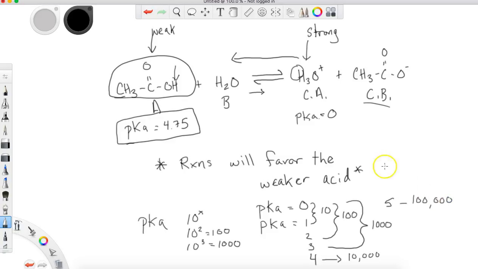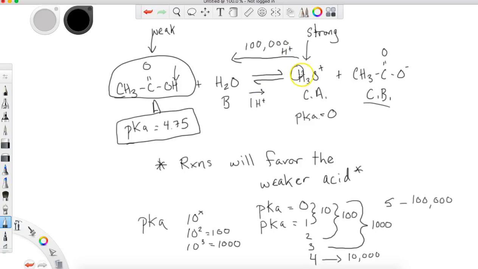So what does this tell me? Well, this tells me that for every 1 H+ that the acetic acid is able to effectively send over, the H3O+ can send about, it's not exactly 5, but close, about 100,000 more H+, right? So think of it that way.